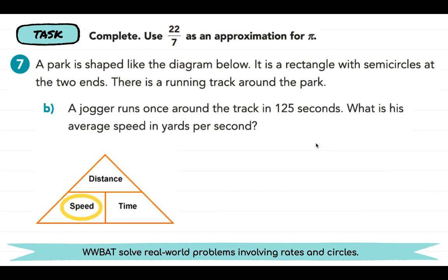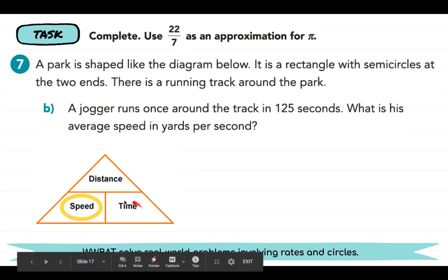For part B, it says a jogger runs once around the track in 125 seconds. What is his average speed in yards per second? We know again that when it involves speed, you have to have distance and time. In this case, the question is asking you for the average speed, so you have to use distance divided by time.